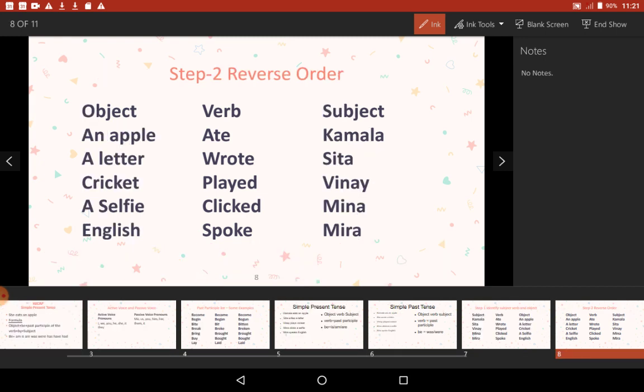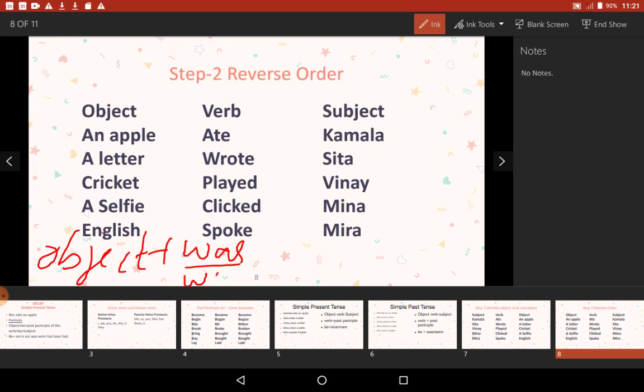In the same way, the simple past tense is also very easy. You just have to write object. Now, the choice of be form is between was and were. If your object is singular, you will write was. If your object is plural, you have to choose were.